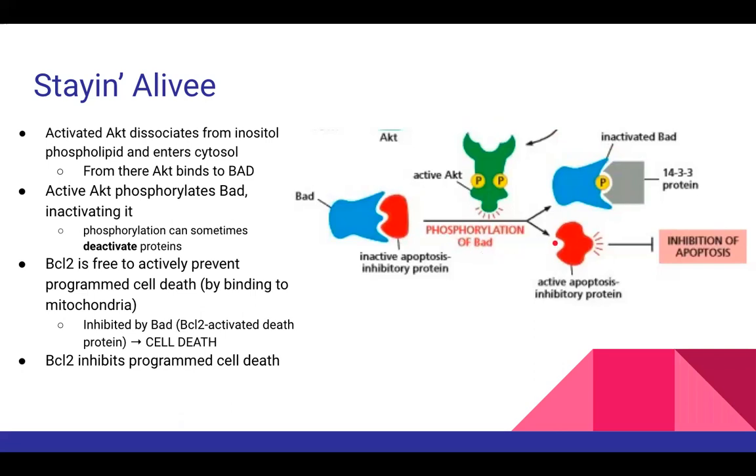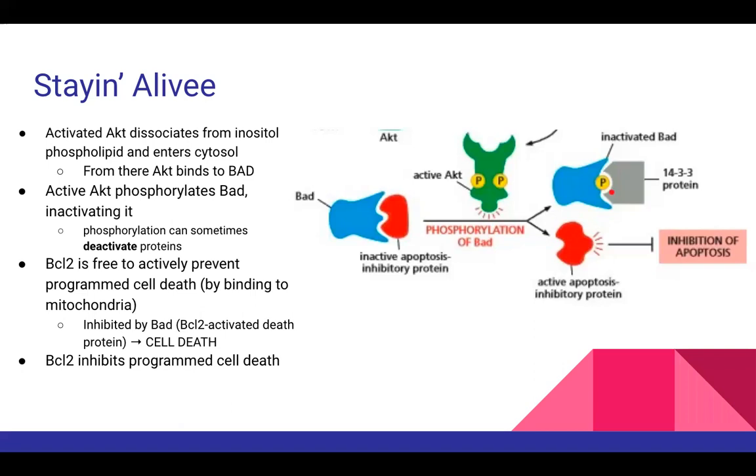And the BCL2 job is to inhibit cell death. So to stop cell death from happening, in other words, promoting cell survival. Basically, you can think of it as BAD blocking the protein that blocks cell death. BAD is inhibiting the inhibitor, which sounds kind of silly, but it's basically blocking the protein that's responsible for helping a cell survive.